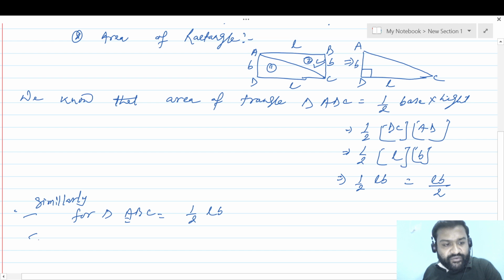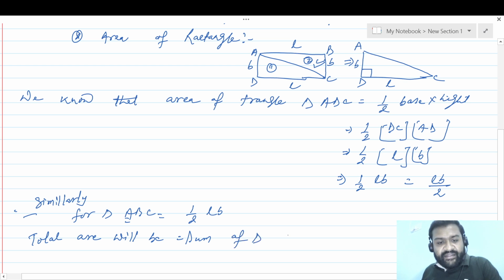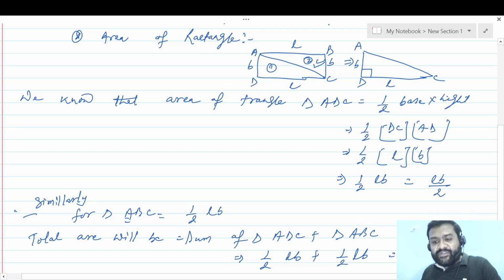So total area will be the sum of triangle ADC plus triangle ABC. Okay, so 1 by 2 length into breadth plus 1 by 2 length into breadth, which will be 2 length breadth upon 2. 2 goes out, so it will become length into breadth.